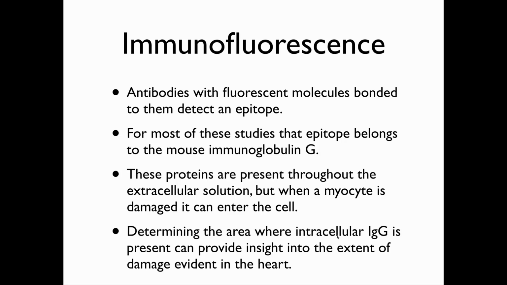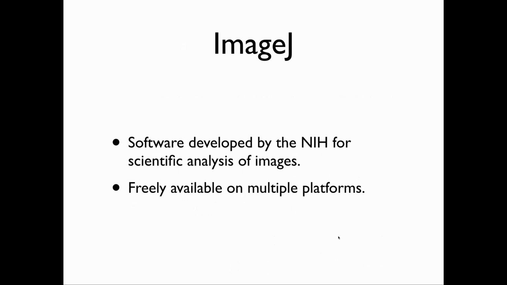Most of these analyses will be done with ImageJ. ImageJ is software that was developed by NIH specifically for the analysis of images. It's freely available and is present on multiple platforms, so you should be able to download it relatively easily from wherever you are. You just Google ImageJ and you'll get to the site.